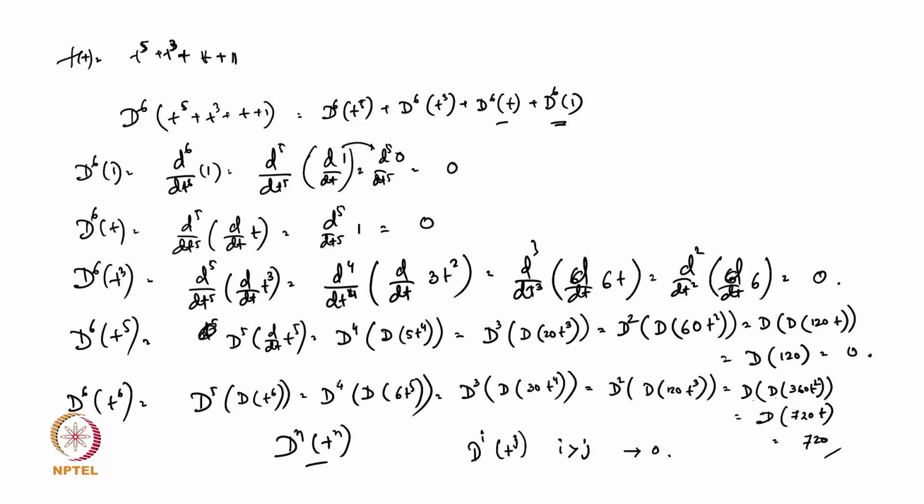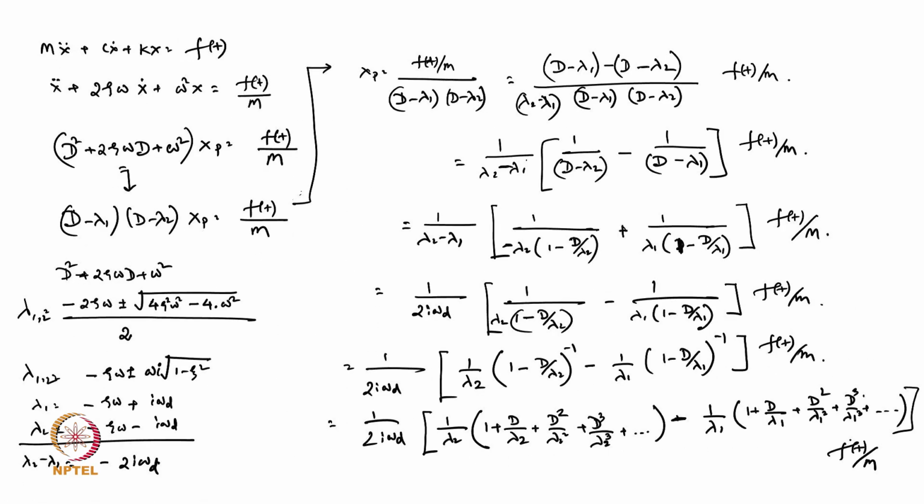So we do not need to consider those higher order terms of D in that expansion. You can see that so many terms of D are coming, but we have to check the maximum order of f of t. Suppose we find that f of t is a fifth order polynomial, so we take D up to the power 5.